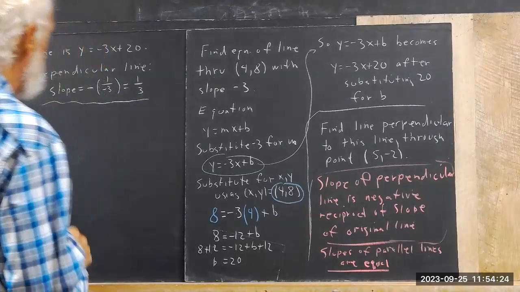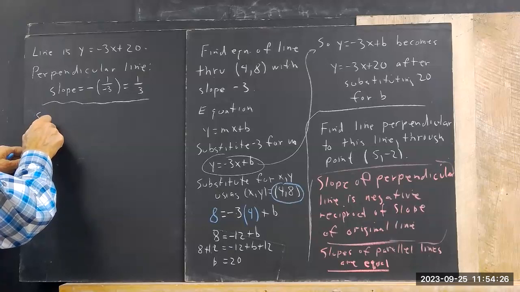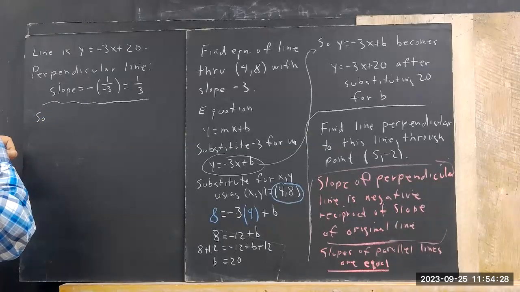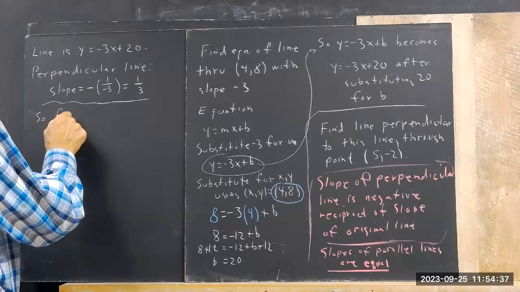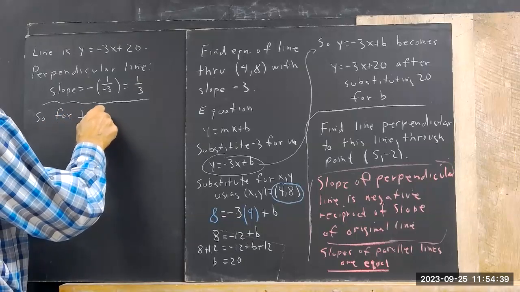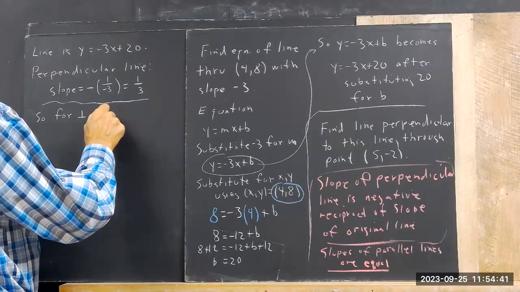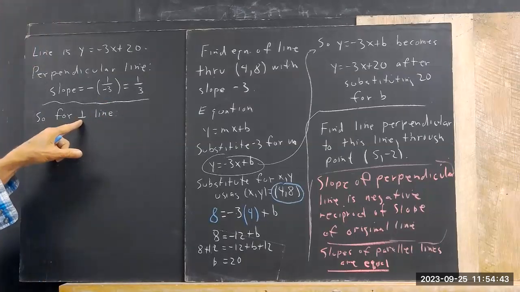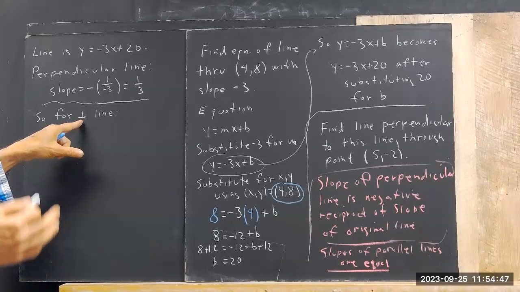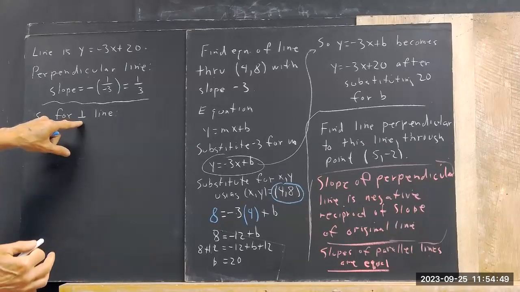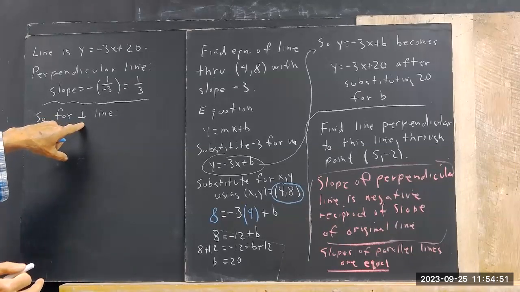Okay. So for the perpendicular line, and this symbol means perpendicular. Everybody should be familiar with that, but just in case, that means perpendicular, okay?